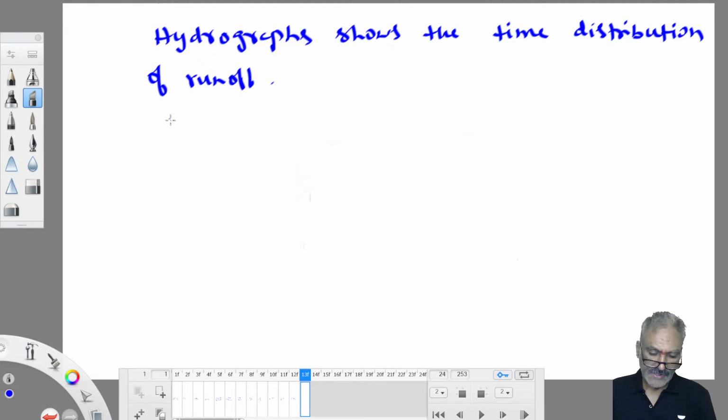So we have different types of hydrographs. The first type of hydrograph, which we badly need to work out the response of the catchment, is called the storm hydrograph, or flood hydrograph, or total runoff hydrograph.